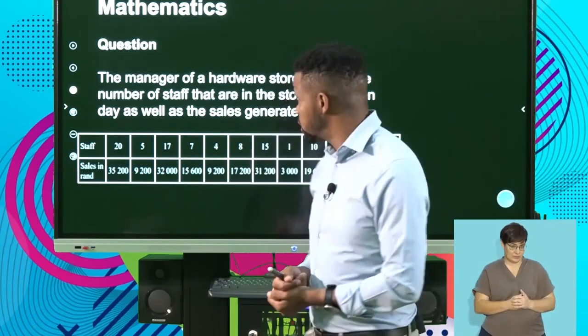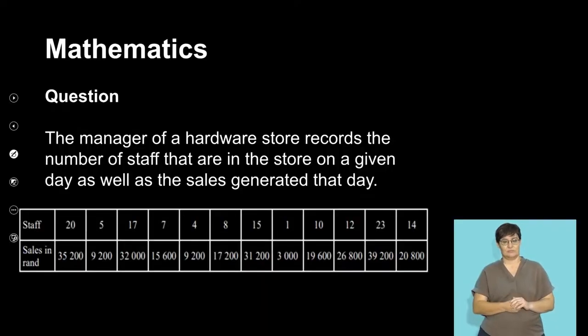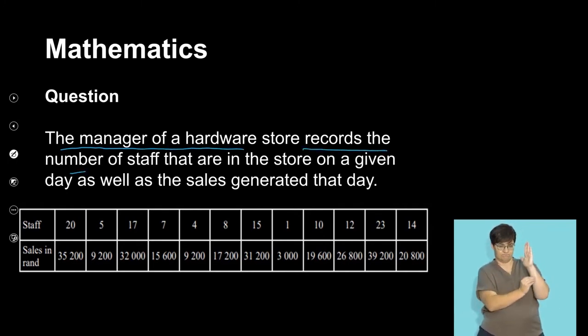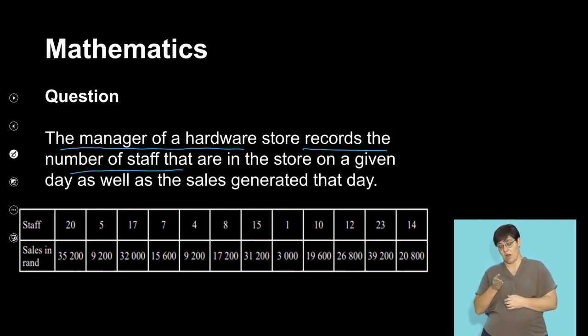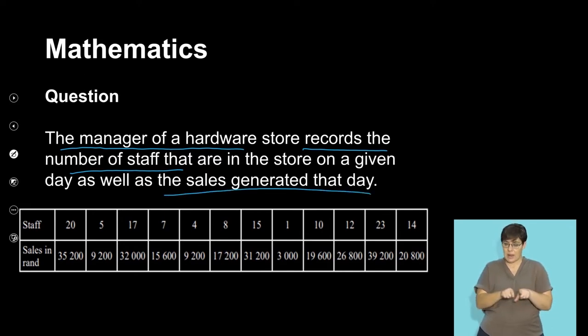Okay, let's see. There's the question. The manager of a hardware store records the number of staff that are in the store on a given day, as well as the sales generated per day. Are we together? So this is a store manager.